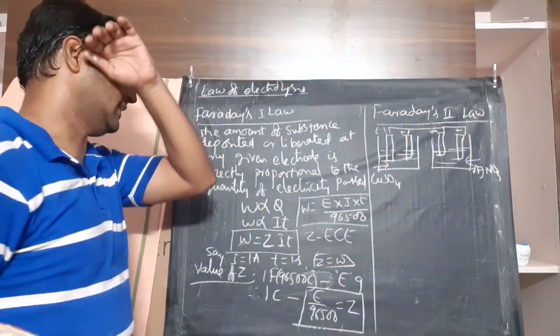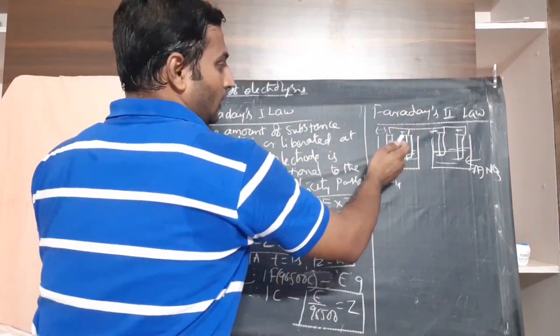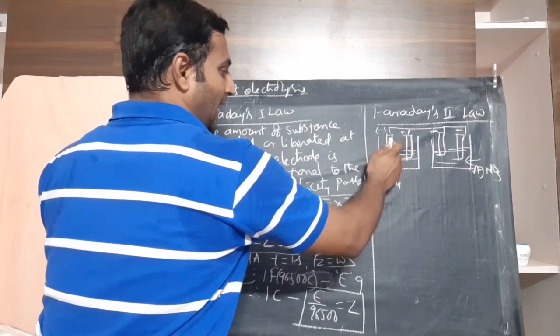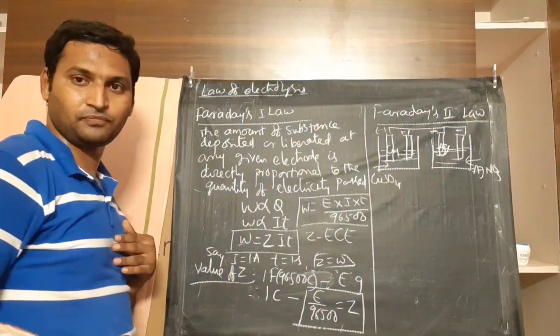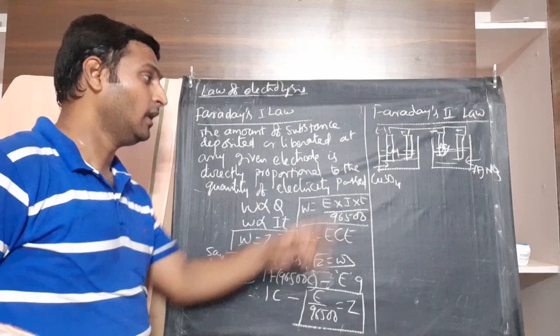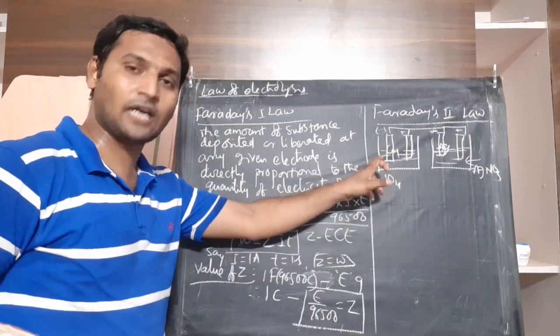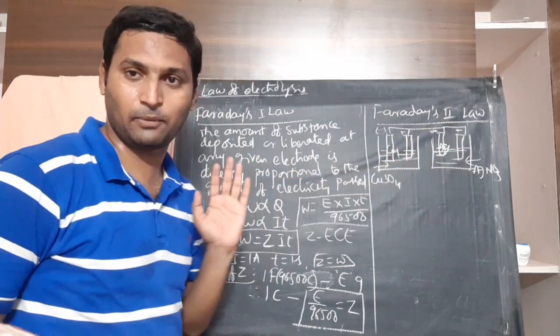Now you see, at this cathode copper gets deposited, at this cathode silver gets deposited, because both copper and silver have more potential than water. That's why in aqueous solution of copper sulfate, at cathode copper will be deposited, and in aqueous silver nitrate, at cathode silver will be deposited.